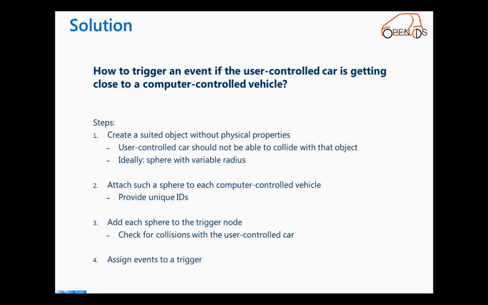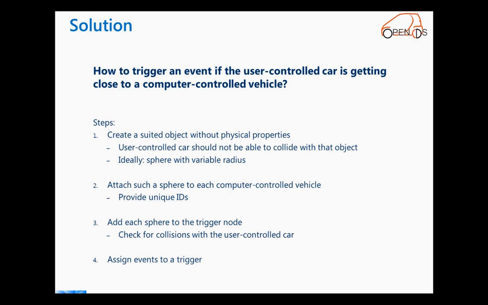Furthermore, to address these bounding spheres as triggers, they need to be assigned unique IDs. What we could do here is, as all the cars already have unique IDs, we could reuse the same ID plus some suffix, for example, bounding sphere, which we will see in the next steps.